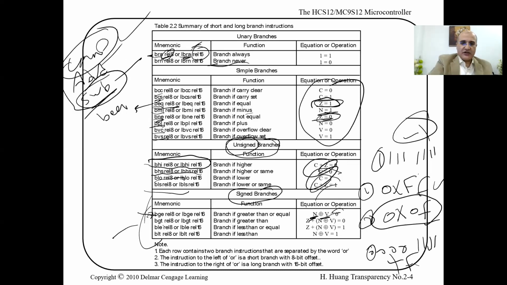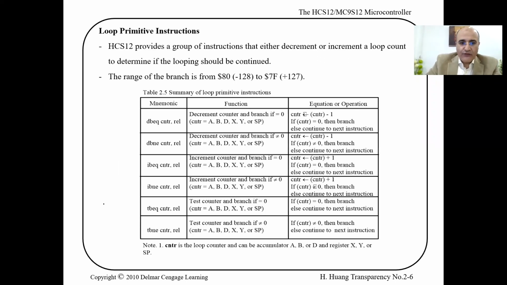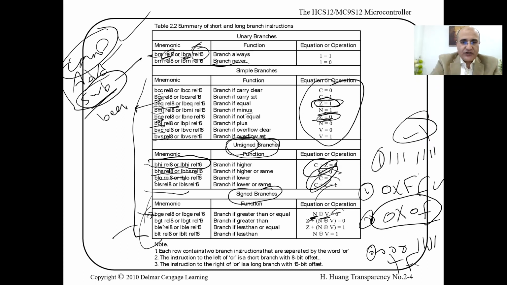So for all these instructions, you have to affect the flags first, then use them. How do you affect the flags? You do a comparison. You bring the first operand and compare it with the second operand. For example, compare B with A, and then use, for example, branch if higher.